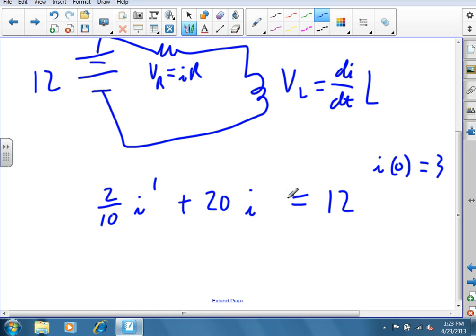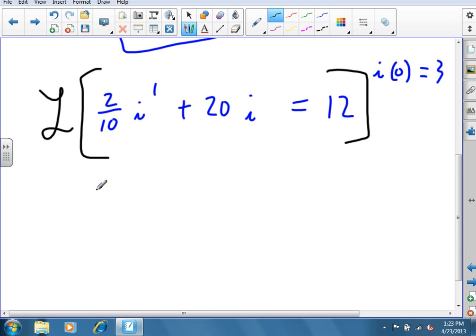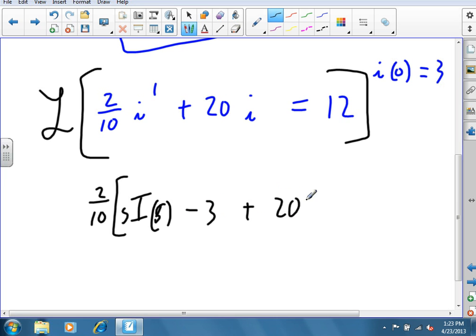And I remember that. Okay. Take the Laplace transform of those guys, and I have 2 tenths times S I of S minus 3 plus 20 I of S is equal to 12 over S.